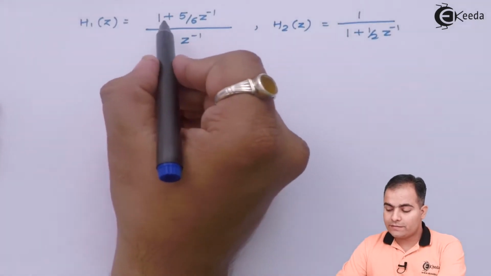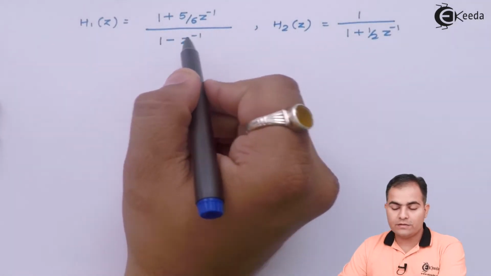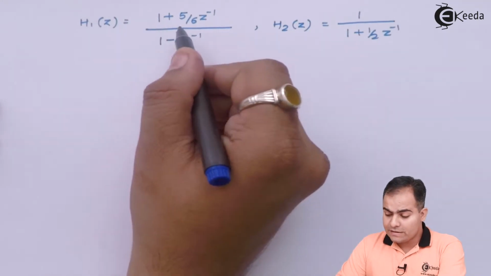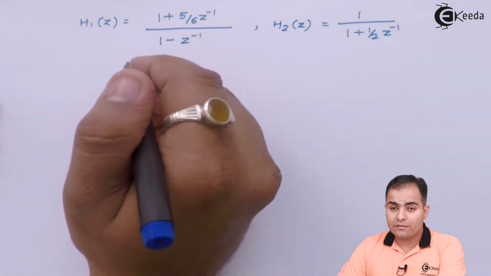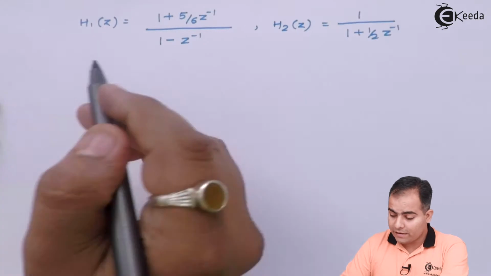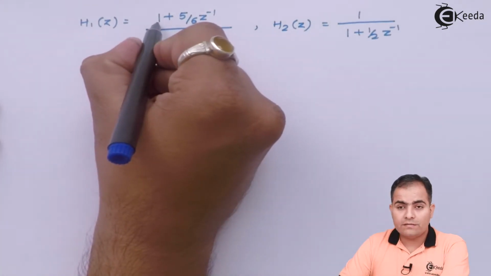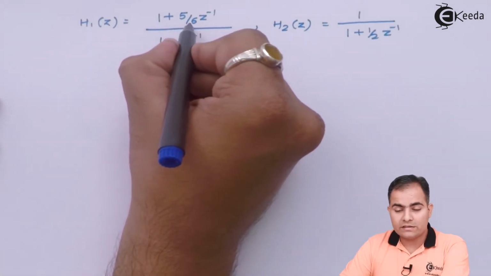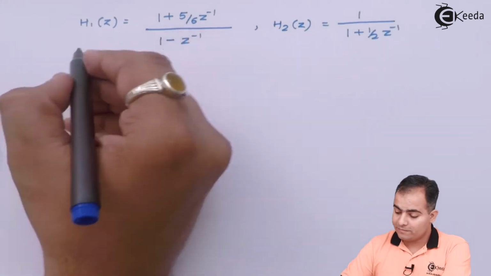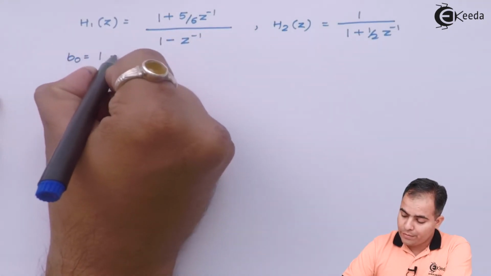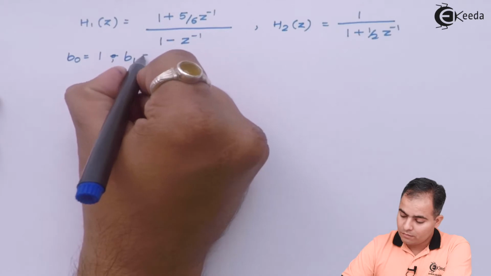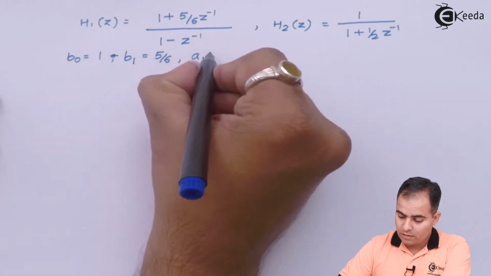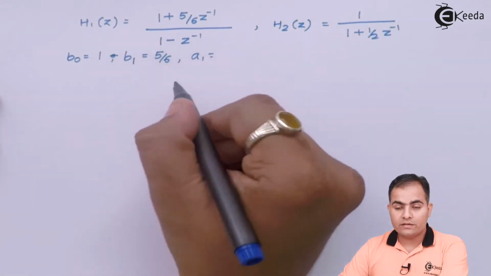So my H1(z) is (1 + 5/6 z^-1) with (1 - z^-1) in the denominator. Now compare this H1(z) with the standard format of the transfer function. This gives us the value of b0, and this 5/6 gives us the value of b1. And my a1 value is -1.